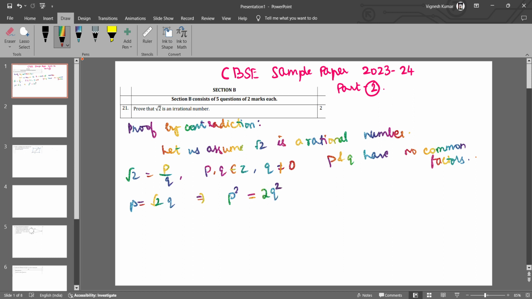So p square is basically 2 into some value, which means we can say p square is divisible by 2. If p square is divisible by 2, this implies that p is also divisible by 2.